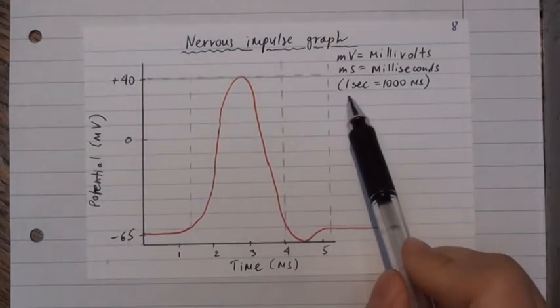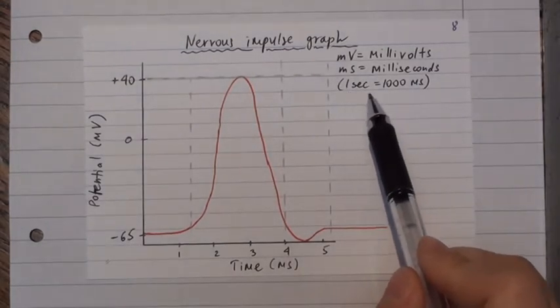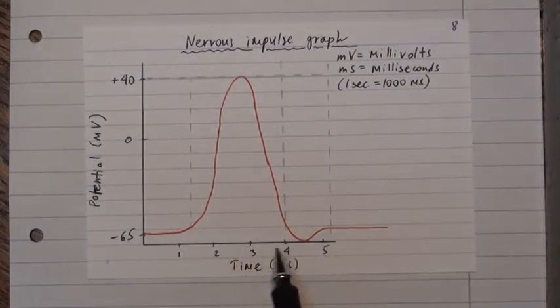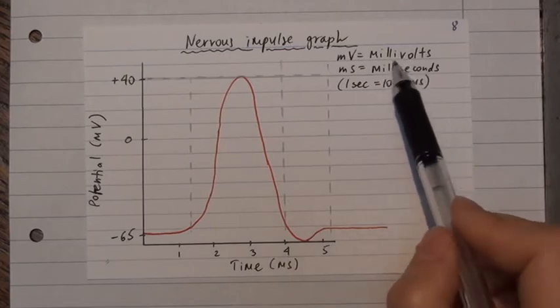So for example, just to give you an idea, 1 second contains 1,000 milliseconds, and your action potential takes, on average, something like 4.5, 5 milliseconds, the whole thing, right? So we're talking about really, really small amounts of time, and also small amounts of electricity.